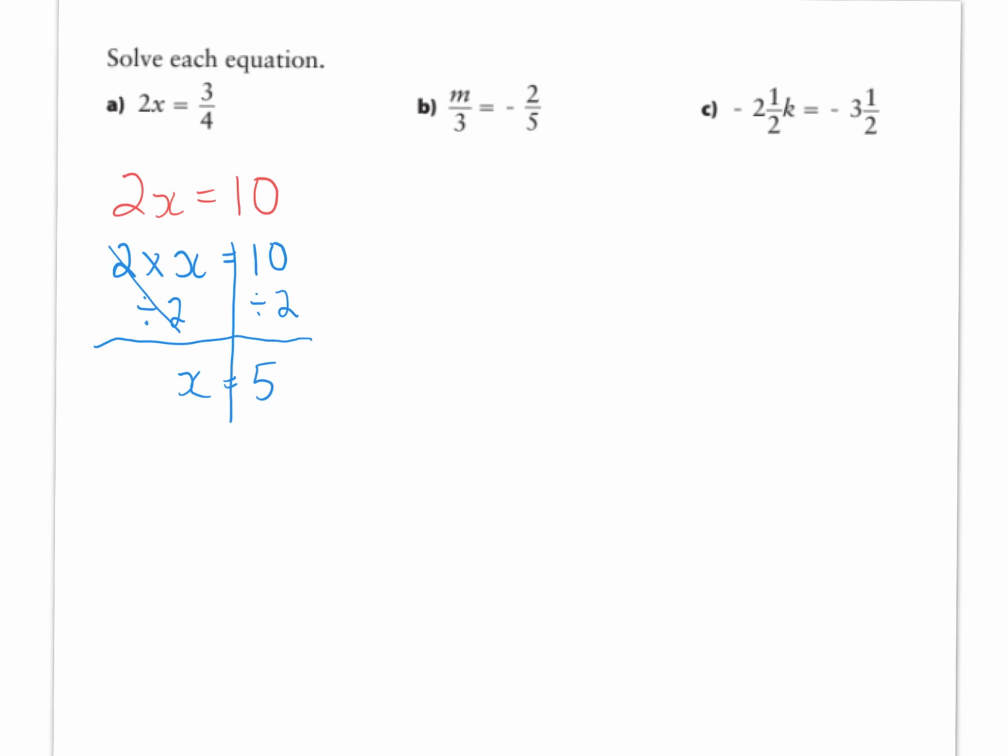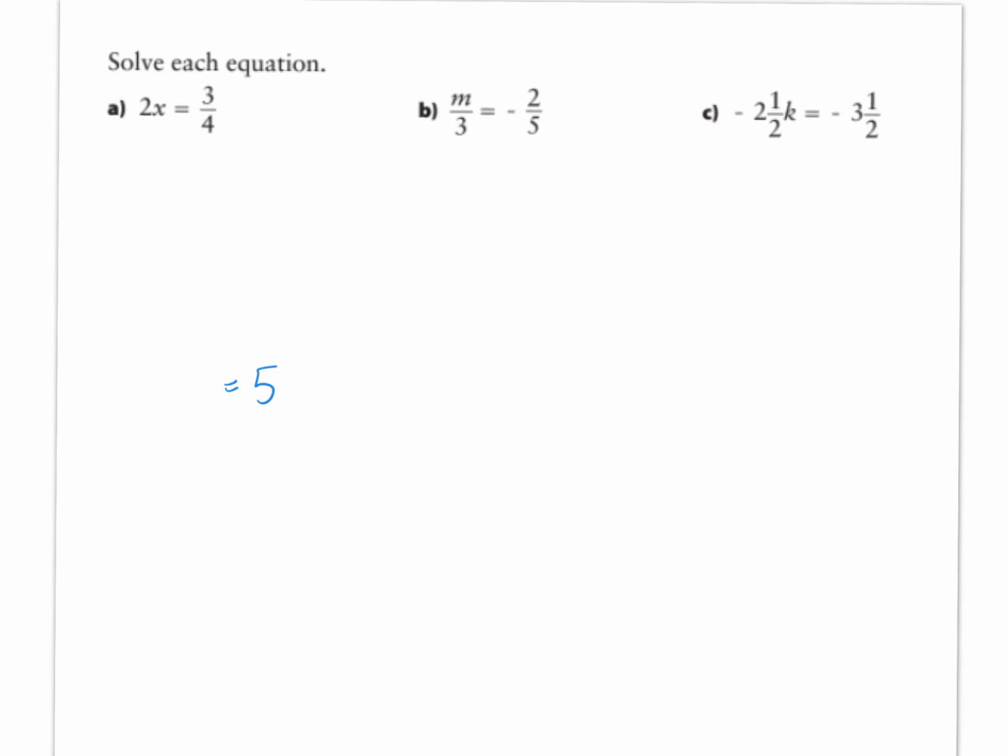Next thing we're going to do is look at this question we have here. This one right here is saying 2 times something equals 3/4. So basically what we're going to do is apply the same procedure. Draw a line through the equal sign.